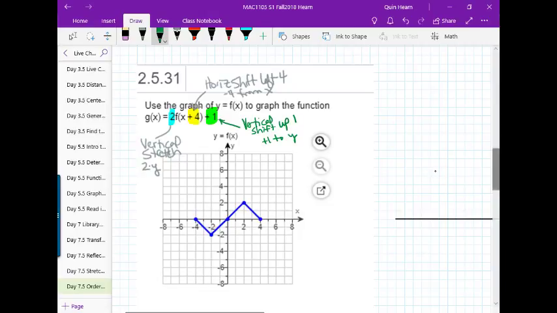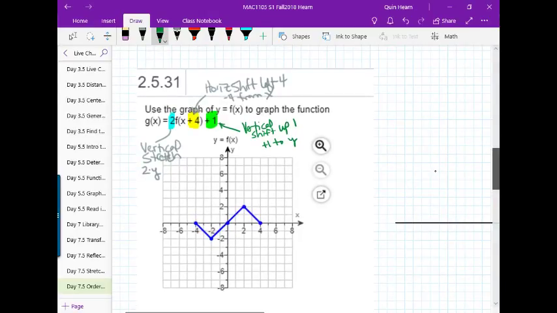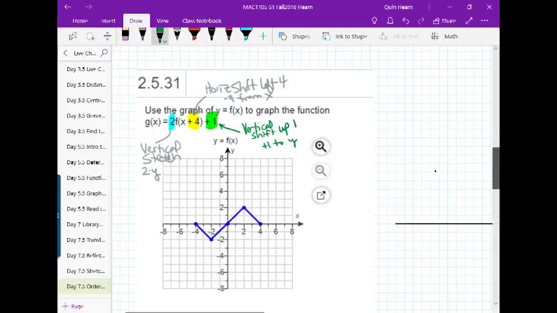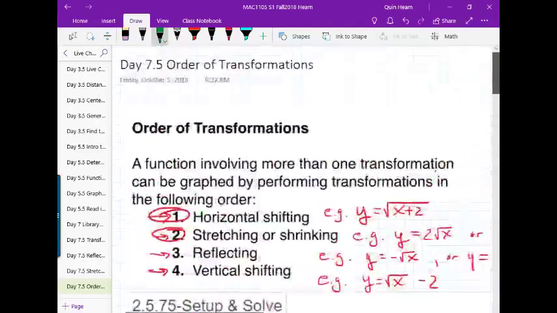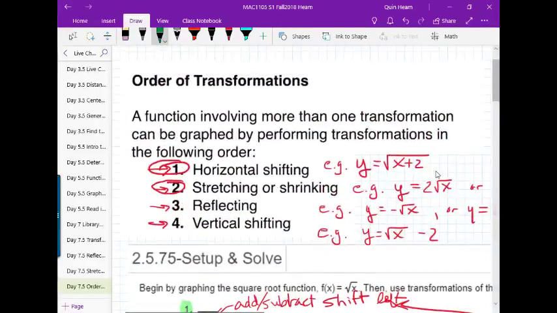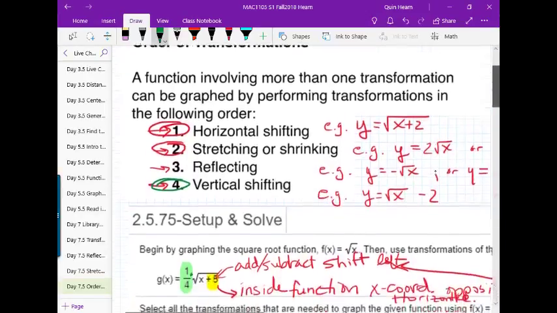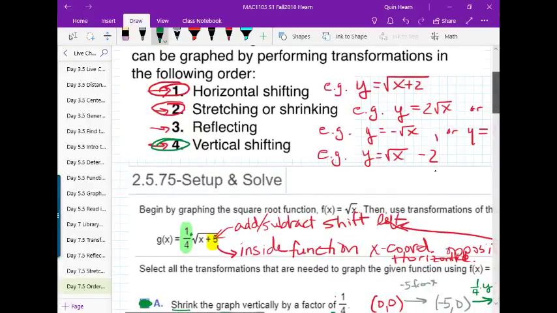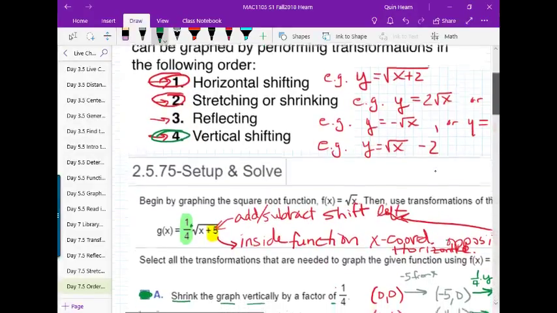Okay, so now let's look back at the order in which we would do a vertical stretch, a horizontal shift, and a vertical shift. So we do any horizontal shifting first, then any stretching or shrinking, then any reflecting, but we don't have one of those, and then a vertical shift is saved for last. Okay, so horizontal shift, then stretch, then vertical shift.